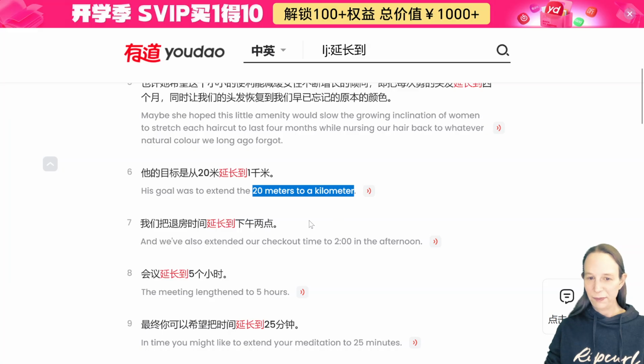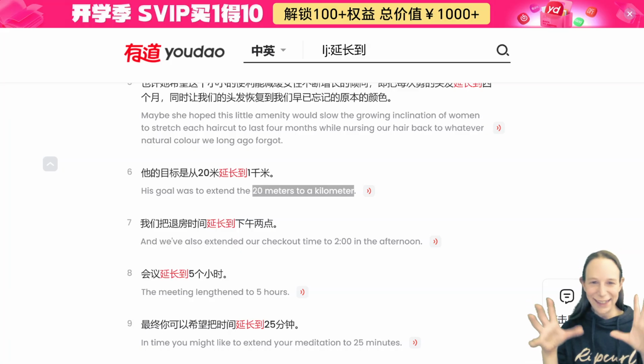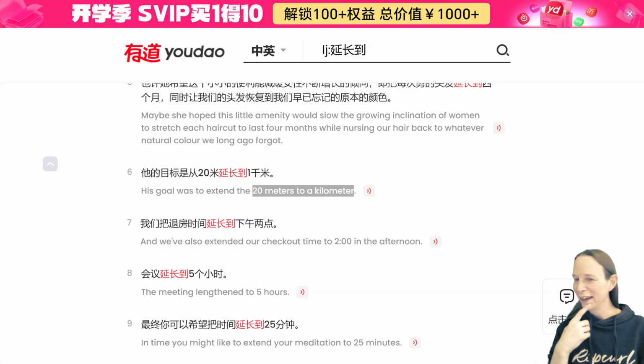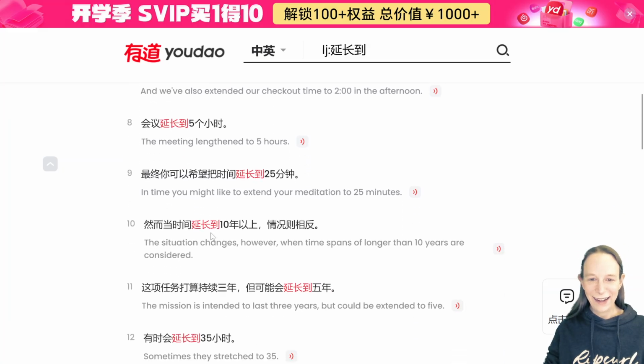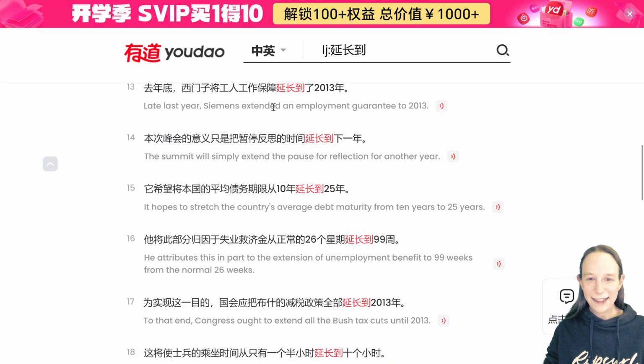What plausible scenario can 20 meters become a kilometer? Maybe it's like a model. No, it's like a reverse model. You take the model and build the real world situation or something. I got no idea. Most of the time it's time.